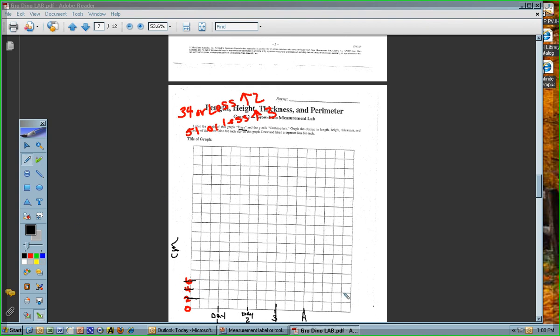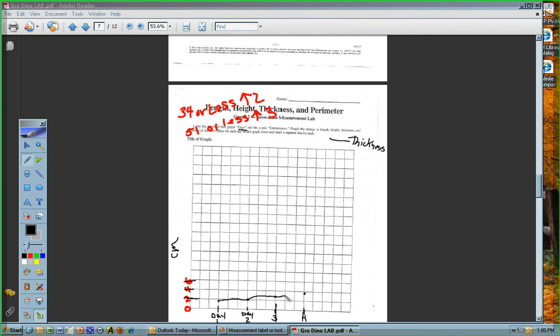Once your setup is finished, and mine isn't, then you're going to graph your 4 lines, and they're going to be color-coded. So you're going to have to write up here that maybe black is thickness, and then you'll have your 4 thickness dots, maybe 1, 2, 3, 4, and then you'll connect them.